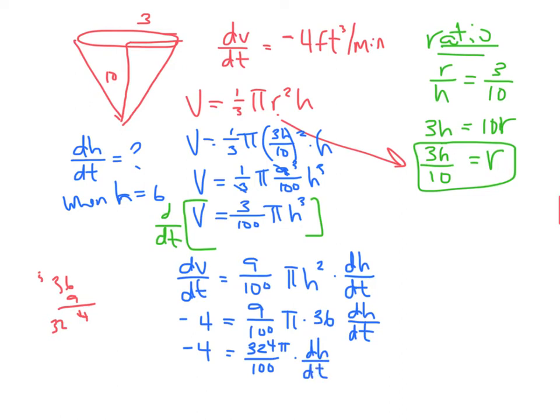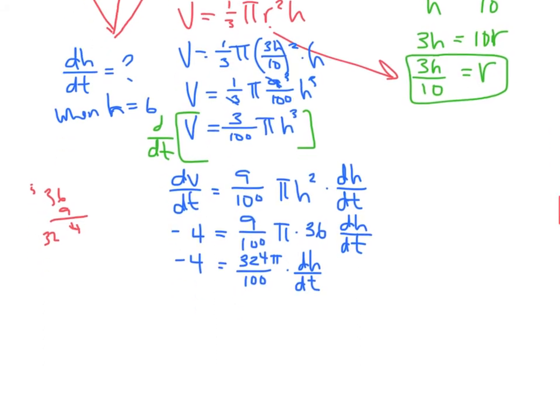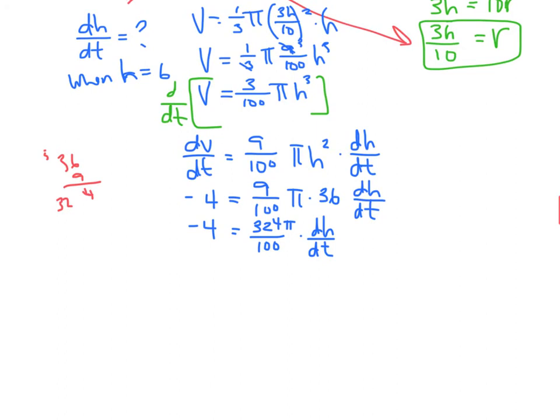One last step to simplify this. To solve for dh dt, we would multiply both sides by the reciprocal. So the best thing to do here is to multiply both sides by the reciprocal of that fraction, which would be 100 over 324 pi.